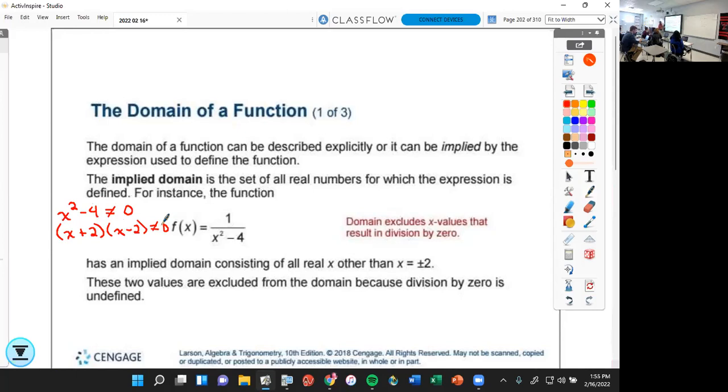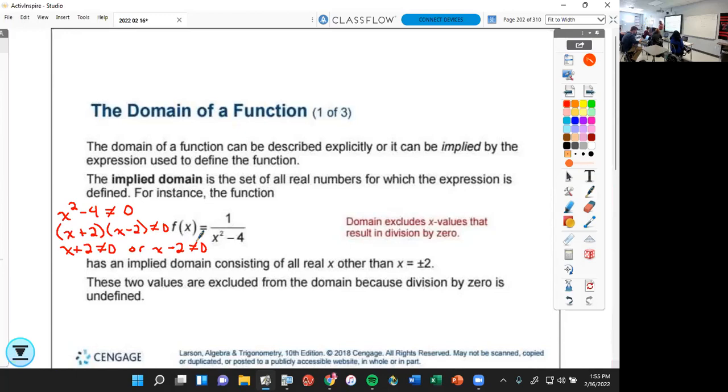Which means x plus 2 cannot equal 0, or x minus 2 cannot equal 0. And when you solve both of those, this one gives you x can't be negative 2, and this one gets you x can't be positive 2.